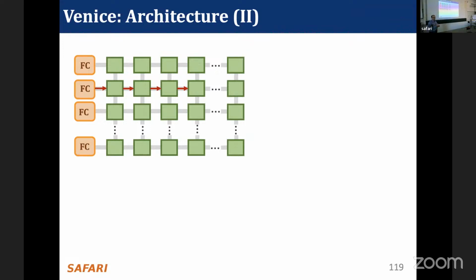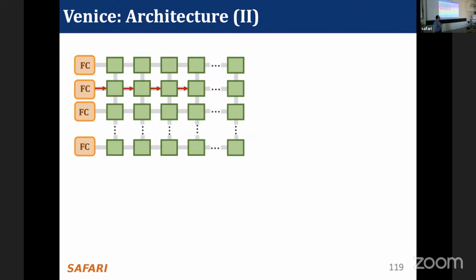But after that, you will receive the rest of the packet or message per cycle. So in the end, you have a pipeline. Since the length of the packet is quite large, we are more or less bottlenecked by the amount of data that we are sending. So we are not bottlenecked by the number of hops that we are taking.